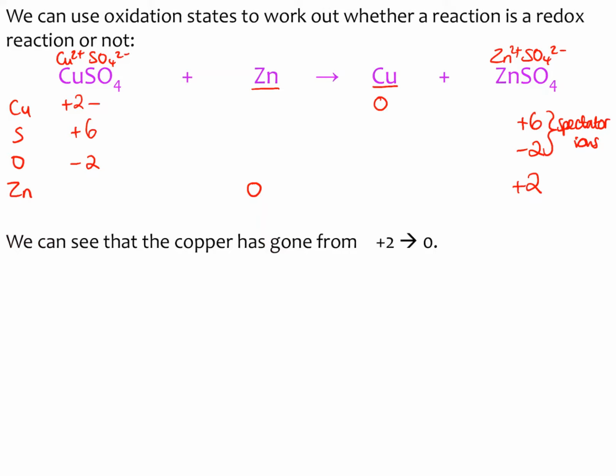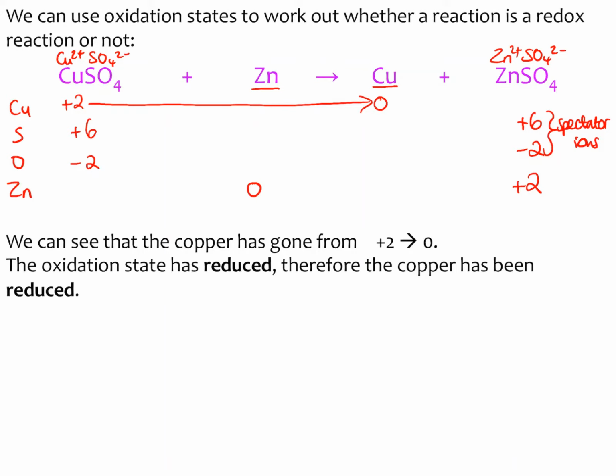Now if we look, we can see that the copper has gone from +2 to 0. Its oxidation state has gone down. And using oxidation states, the oxidation state has reduced, gone down. Therefore the copper has been reduced. Now we can double check that with electrons.